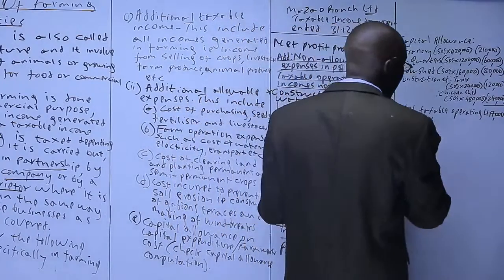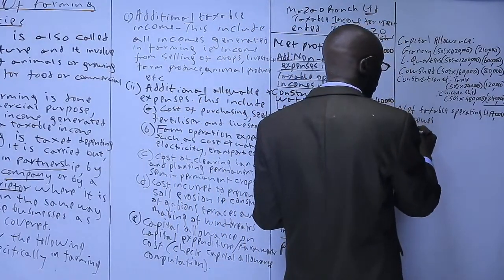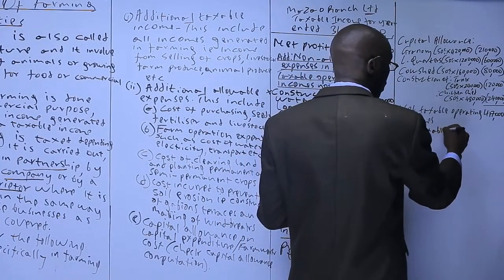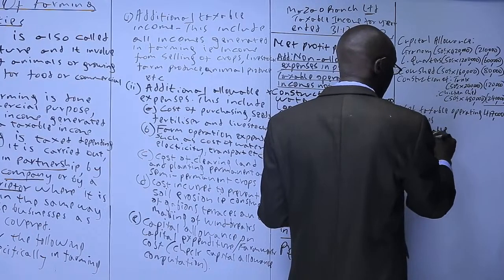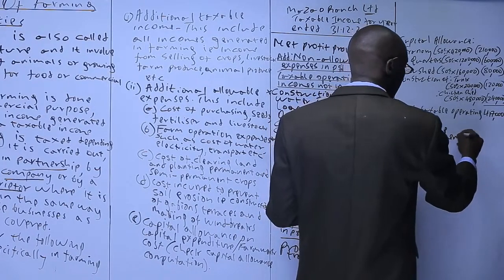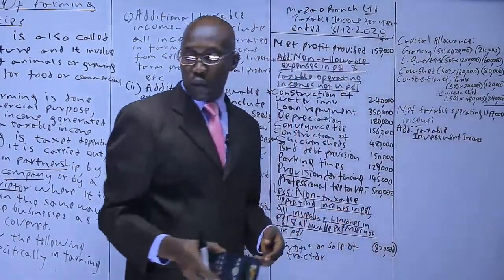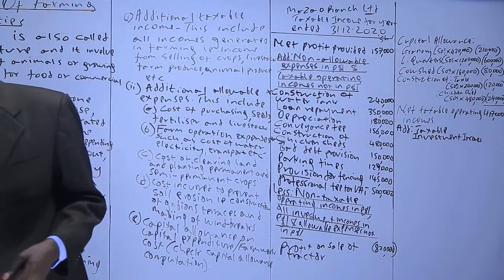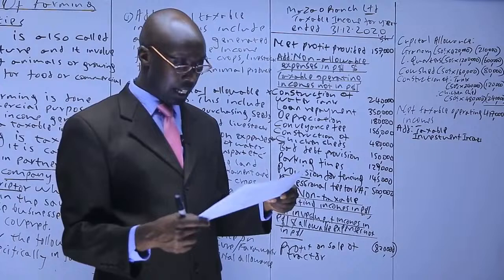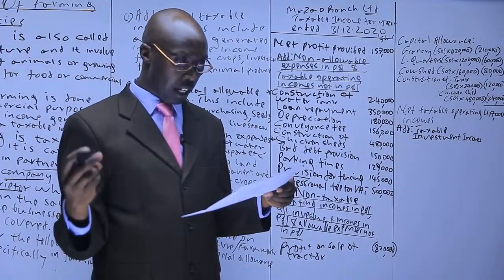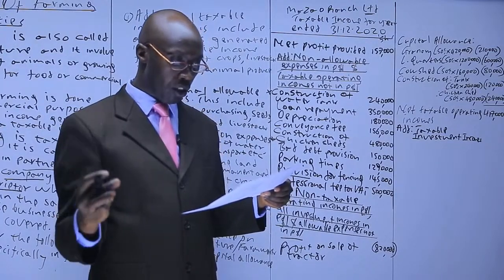Now note, this was a company limited. So we said company, since it is taxed on its own income, we add the taxable investment income. Investment incomes. But if you look at the question, in the income statement, these were the income: sale of milk, sale of livestock, manure, proceeds from old tractor, discount.